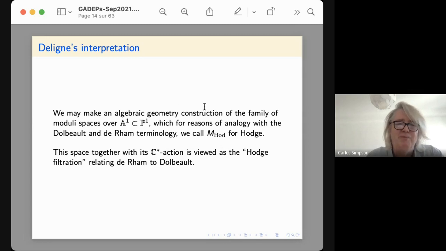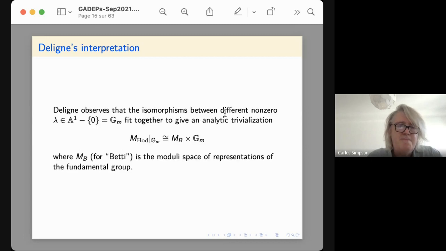But anyway, the point I'm trying to make here is just that you can construct this family of moduli spaces M lambda for lambda different from infinity. You can construct those using just algebraic geometry. And then Deligne's observation is that, on the other hand, you also have an analytic viewpoint on the fiber over lambda different from 0.